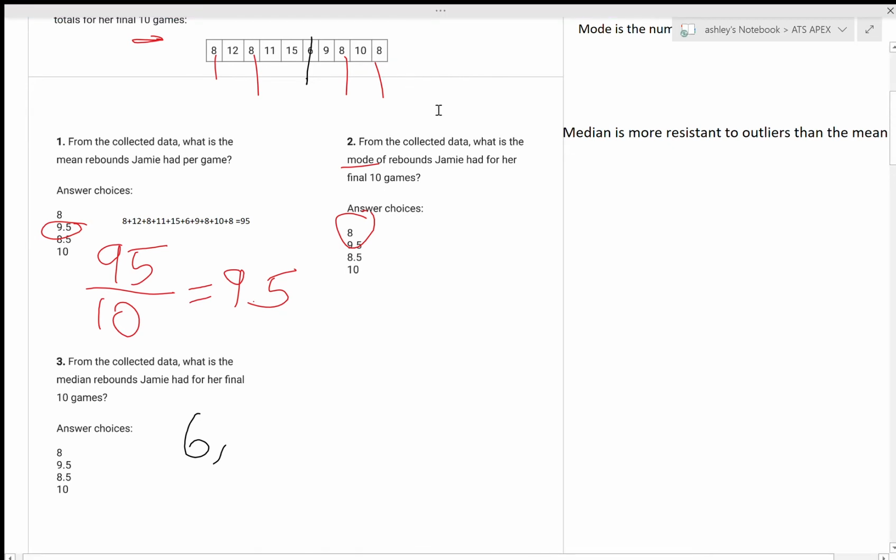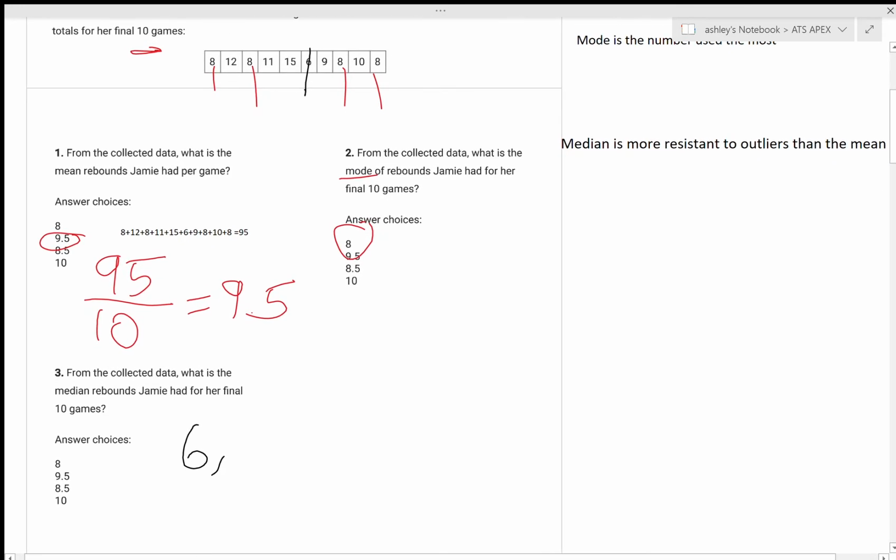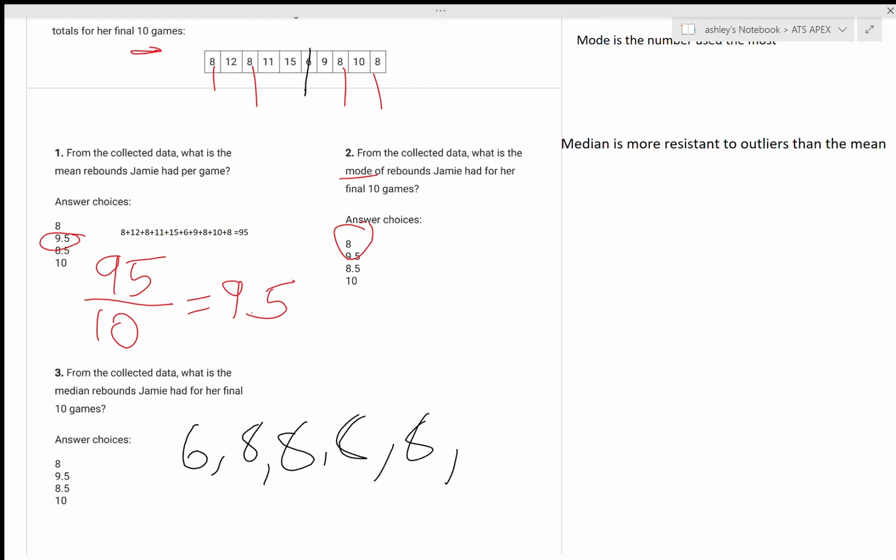Yes, you have to write out the 8 all 4 times to do this data correctly. So 8, 8, 8, 8. The next numbers are 9, 10, 11, 12, and 15.